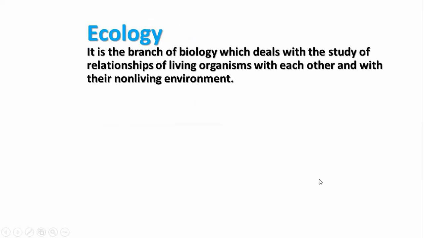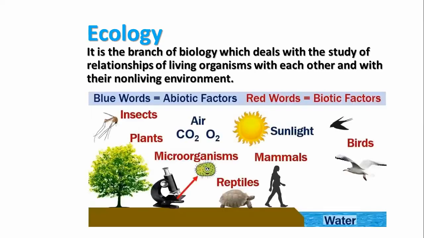Next is ecology. How can we define ecology? It is the branch of biology which is the study of relationships of living organisms with their non-living environment. All living organisms have their particular environment, and we have both biotic as well as abiotic components.